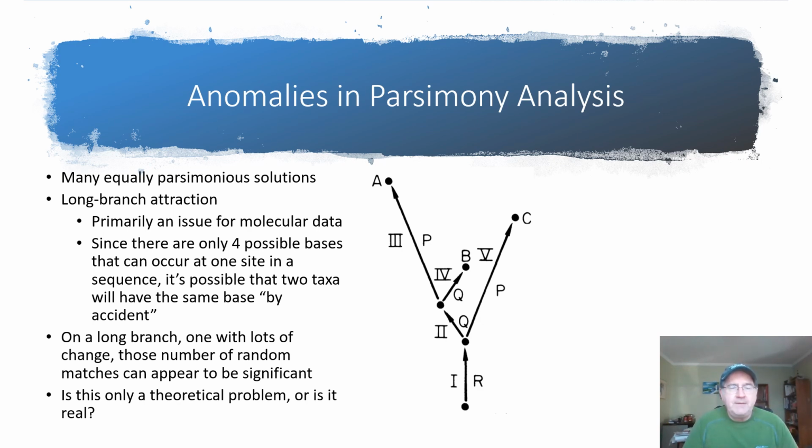But the attraction of molecular characters is the sheer number. You can have many thousands of times more characters, the individual positions in a multiple sequence alignment, to give you signal about what the relationships amongst the taxa are, if you use molecular data as compared to when you do the morphological.